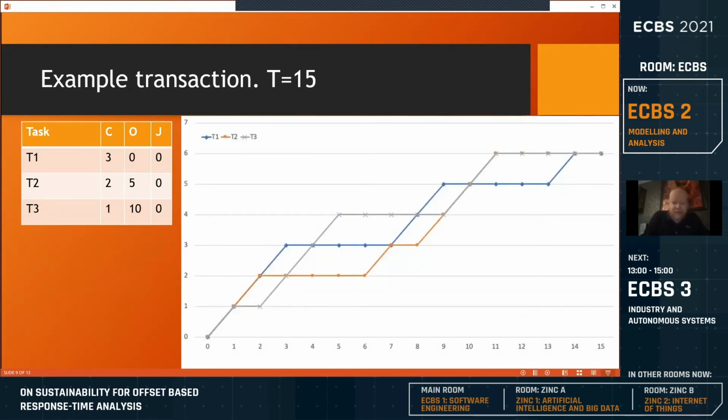As an example transaction, we're going to have 3 tasks, T1, T2, T3, with execution times of 3, 2, 1, offsets 0, 5, and 10. And we ignore jitter for simplicity.